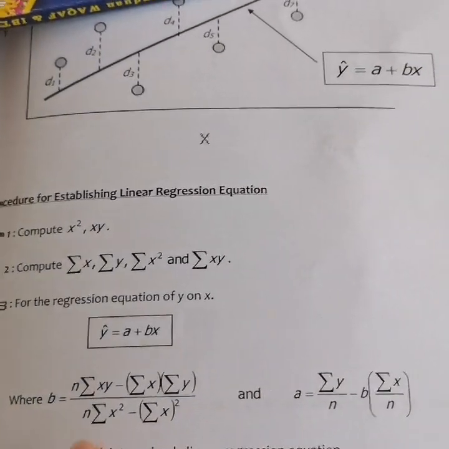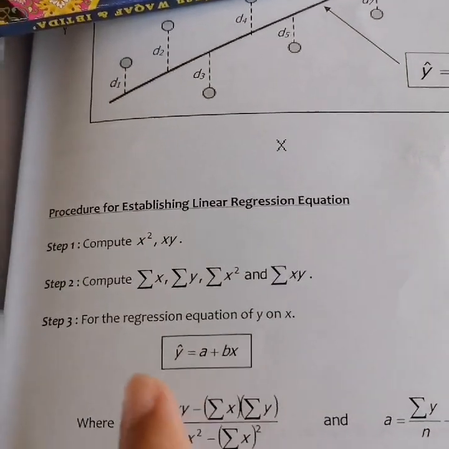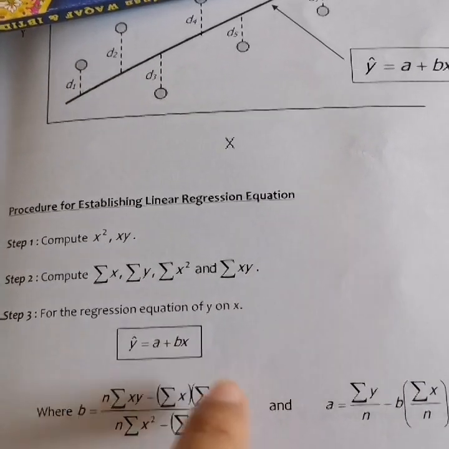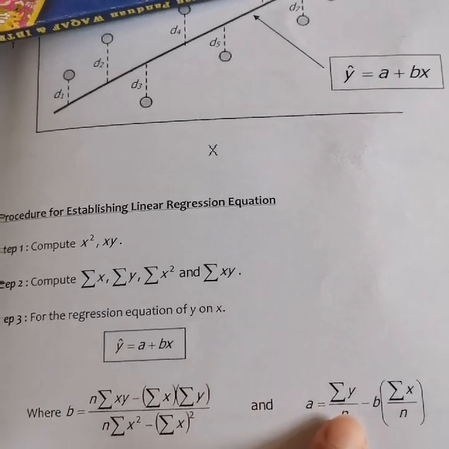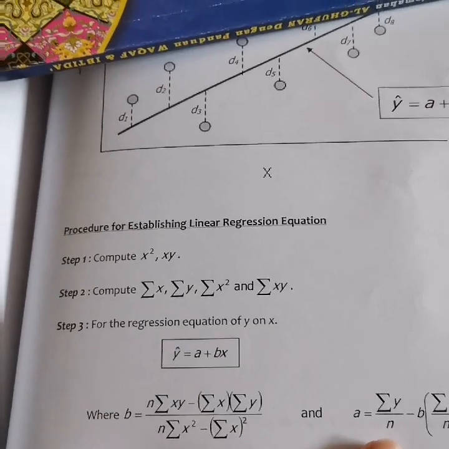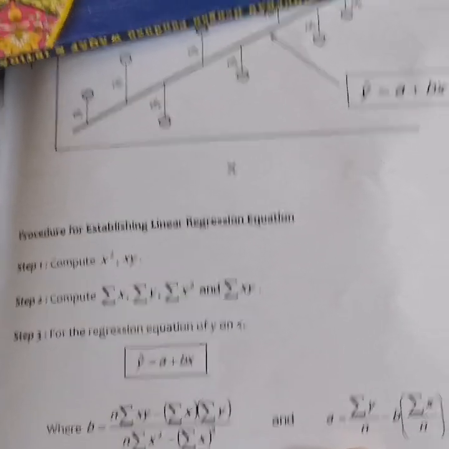After you get the value of b and a, you substitute into the equation y equals a plus bx. The place of b and a would be replaced by the values that you get from these formulas. That is how you get the equation of the regression line.